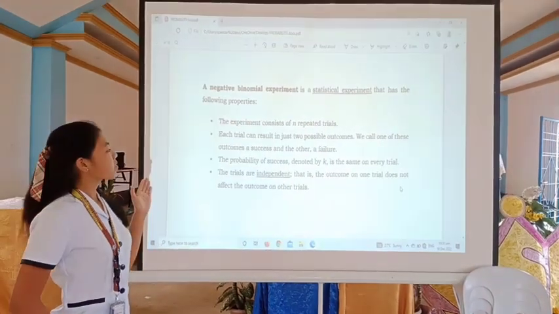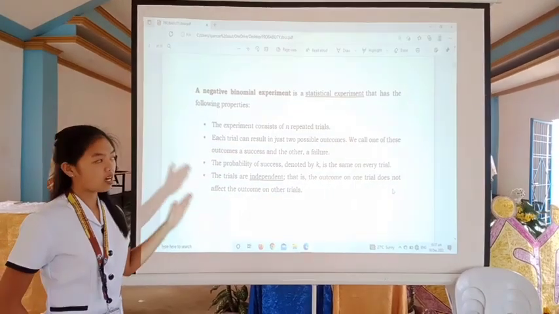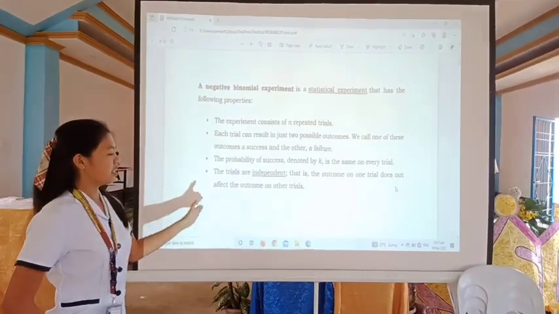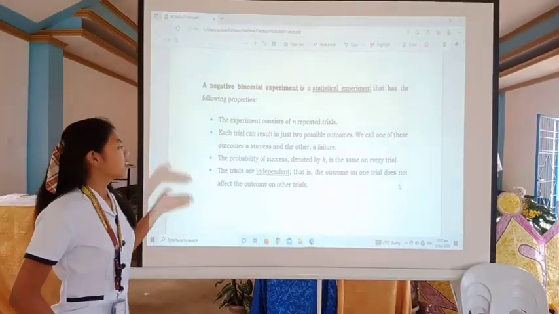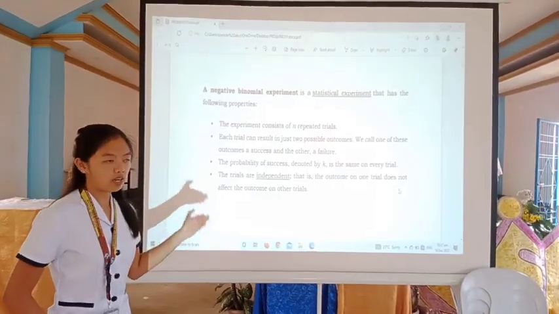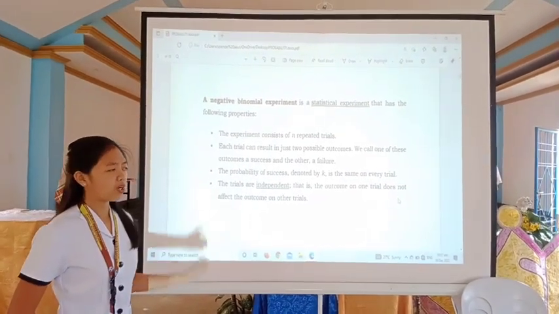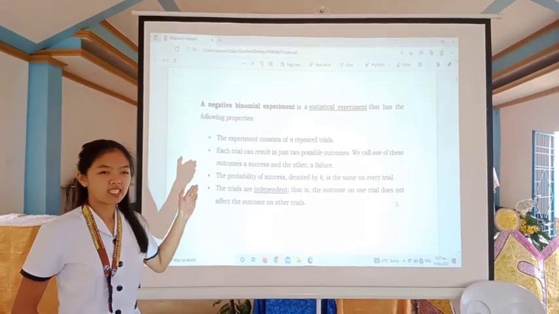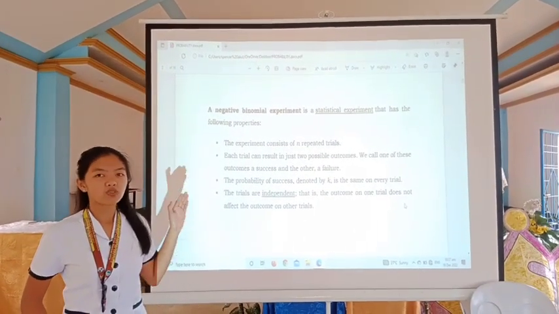Third property, the probability of success denoted by p is the same in every trial. Fourth, the trials are independent. That is, the outcome of one trial does not affect the outcome on other trials. In solving negative binomial distribution, these properties are very essential and important to remember.